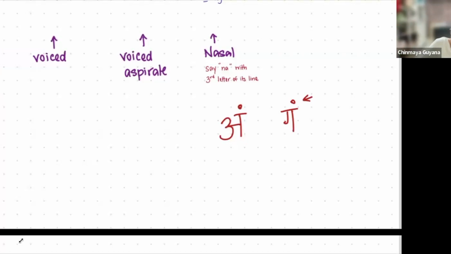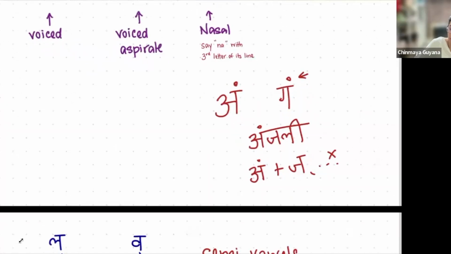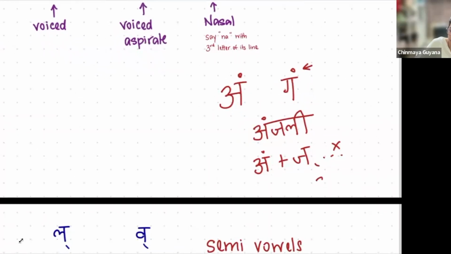If the word written is Anjali, you're not going to write a plus j, Halan. You're going to write, this is wrong. You're going to write a plus n Halan plus j Halan onwards.